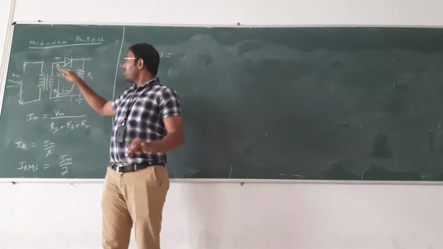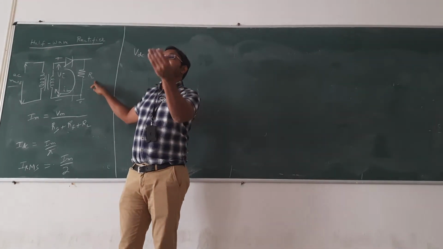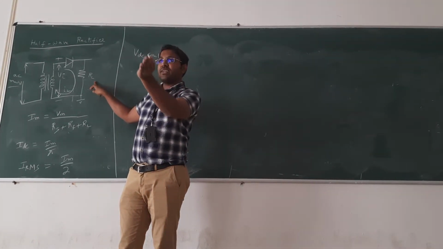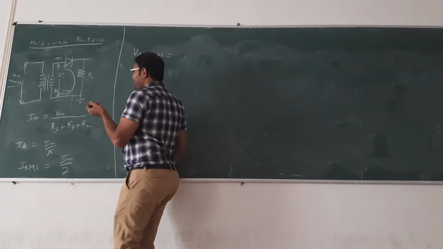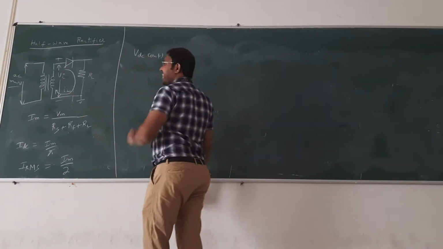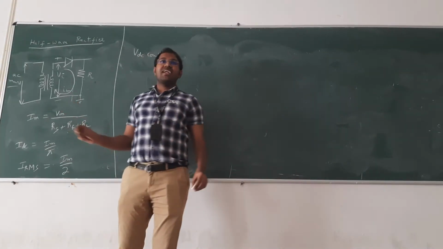So output DC voltage will be simply, by Ohm's law, current into resistance. So output DC voltage VDC out will be which current into resistance?